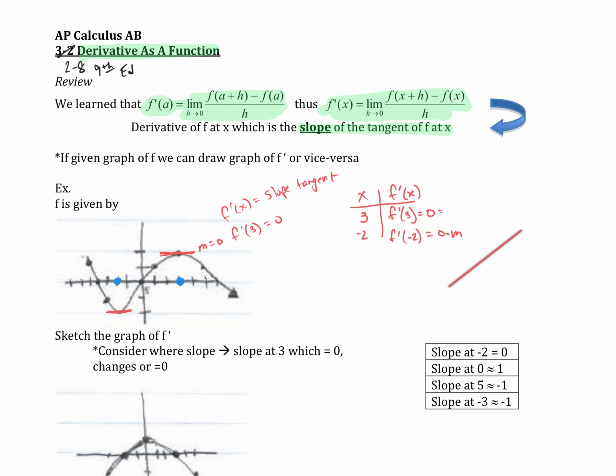Look, right here, the slope goes from horizontal, and let me put this over here and show you. So the slope goes from horizontal, and as I go up, the slope increases right there.